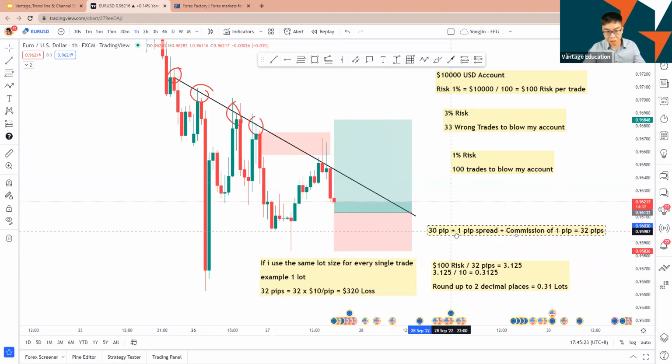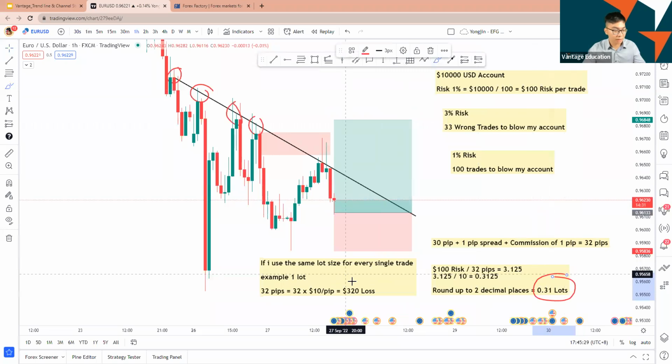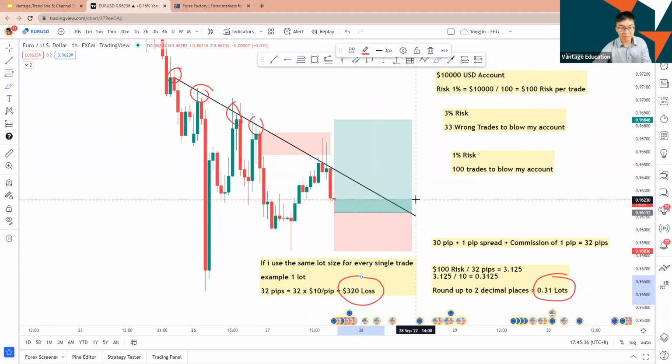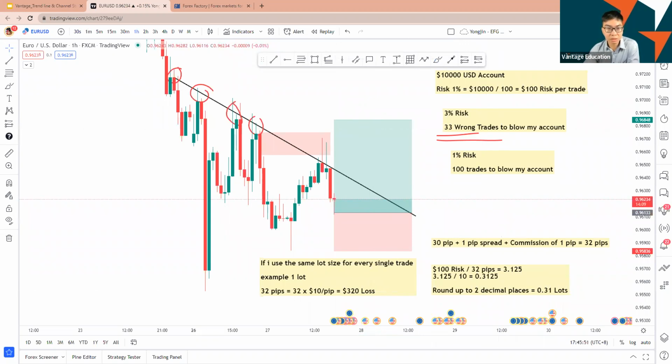With risk management of 1%, I will only lose a maximum of 1%, instead of this $320 loss, which equals 3.2% of my account. As I mentioned, 33 wrong trades, I blew my entire $10,000 account. Risk management is very important. So I really stress to you guys, please try out risking only 1%.